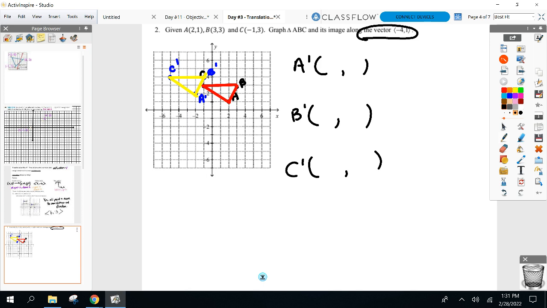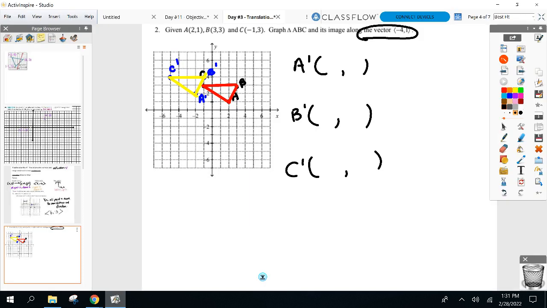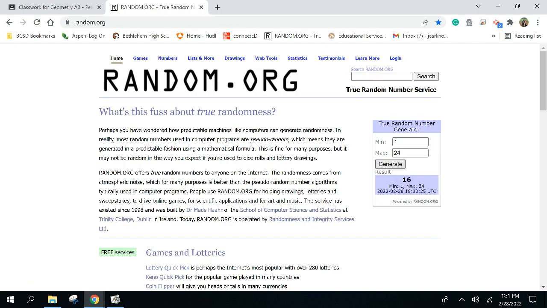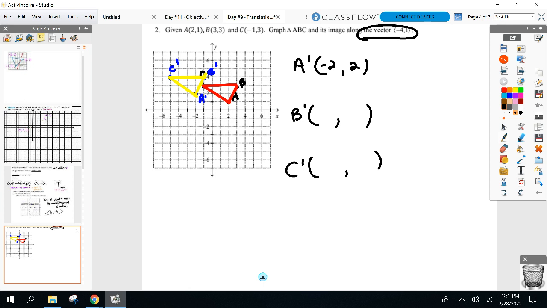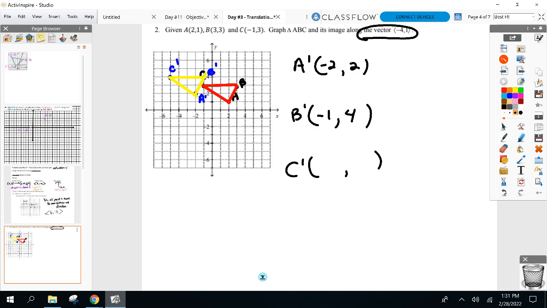Can you please give me the coordinates of A prime? A prime. -2, 2. Thank you. B prime. -1, 4. You guys are machines. C prime. -5, 4. Unbelievable.